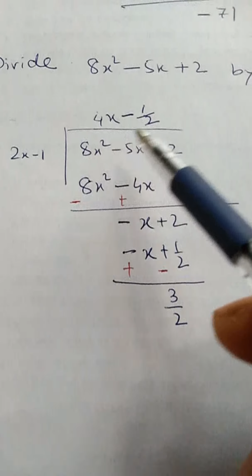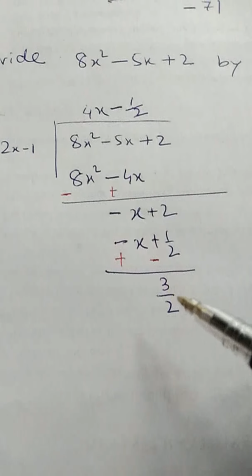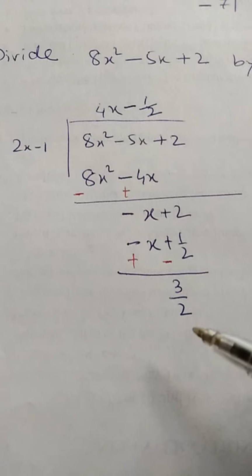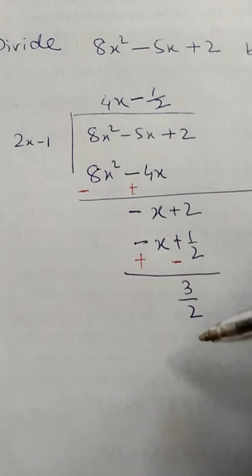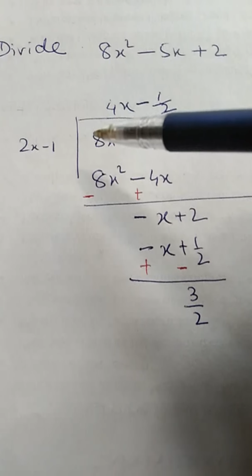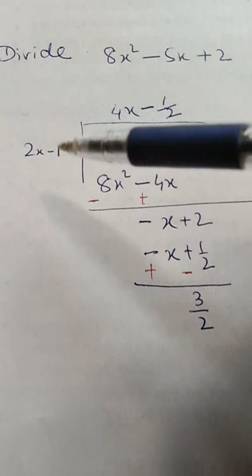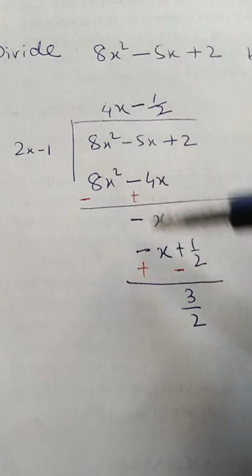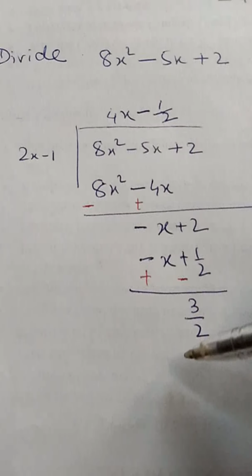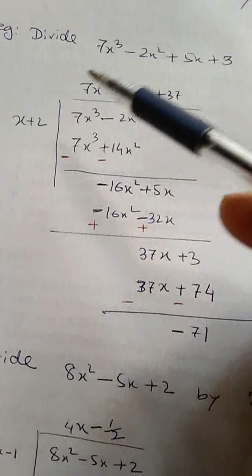So this is the quotient and this is the remainder. Now to get this remainder by dividing one polynomial by another one, we'll have to divide by this method, which is called long division method. We have done this one here, then this is another one.